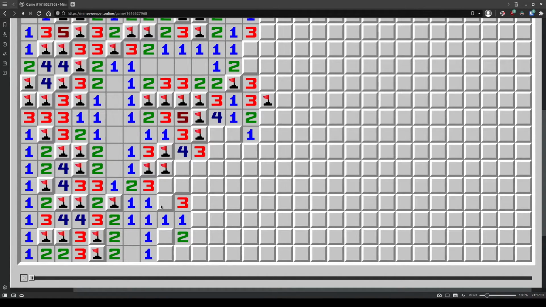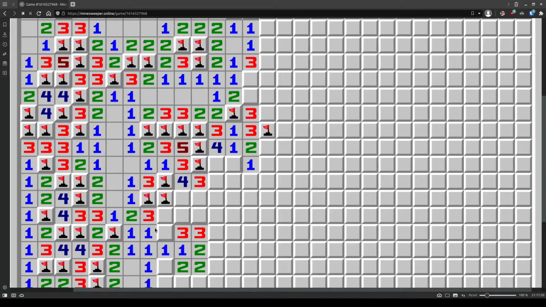Now we have 1 mine in these 2, and we expect 1 mine in all of these 5 cells. We know that there is 1 mine in these 2 cells, which means these cells are free. We have 1 mine in these 2 cells, which means for this 3 to work, these 2 cells need to have a mine, so that the 3rd is somewhere in here.